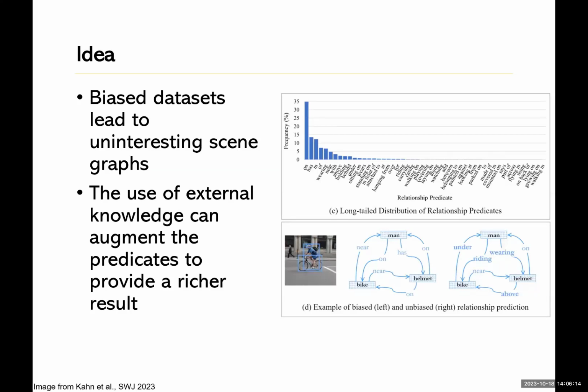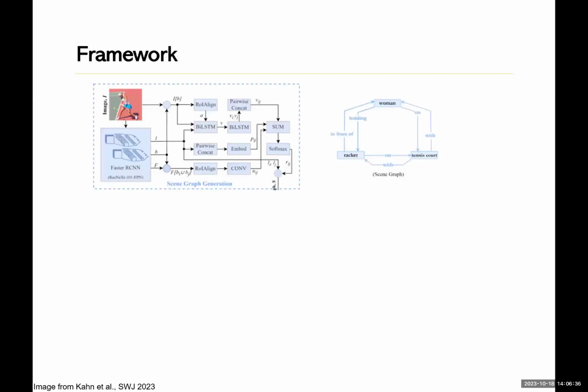So as we talked about earlier, long-tail distribution over relationship types, and we have going from biased to unbiased graph. The idea here is let's leverage some common sense knowledge from the common sense knowledge graph. So the basic framework, if you're doing scene graph generation, you produce a scene graph.